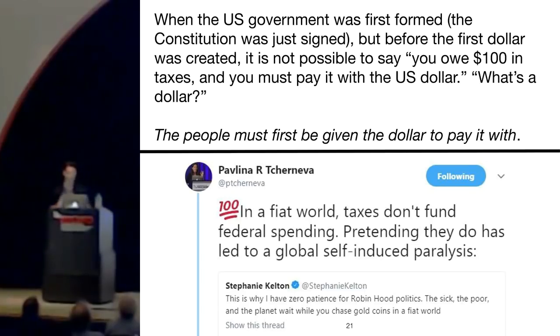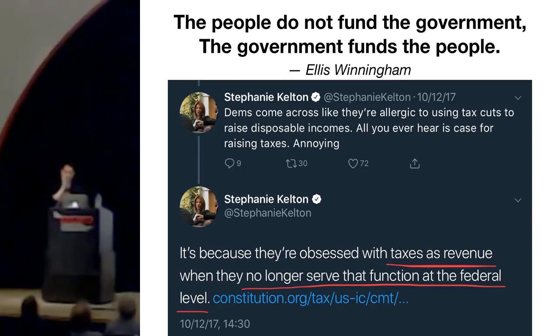You have never given me one, I have never seen one, so how can I possibly pay your taxes? The people must be given the dollar before they can pay taxes. So another way of saying this is, the people do not fund the government, the government funds the people.